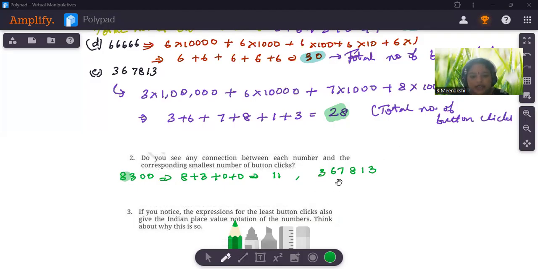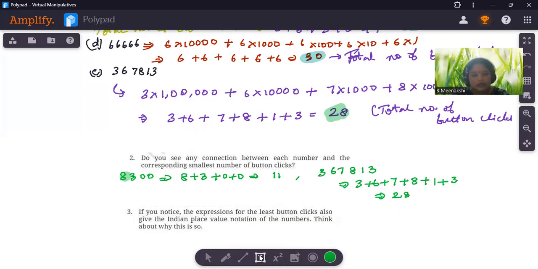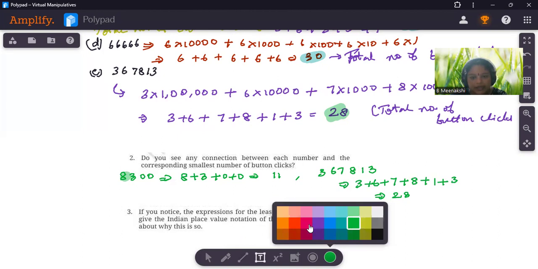So when you add the digits over here, 3 plus 6 plus 7 plus 8 plus 1 plus 3, what will you get over here? Yes, 28. So, what can we analyze from this point?